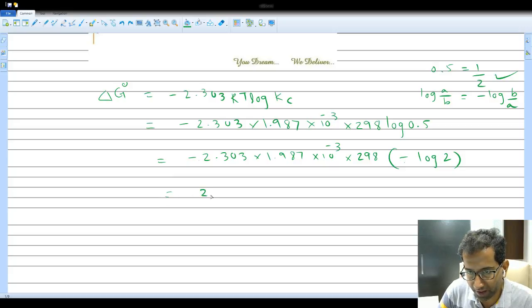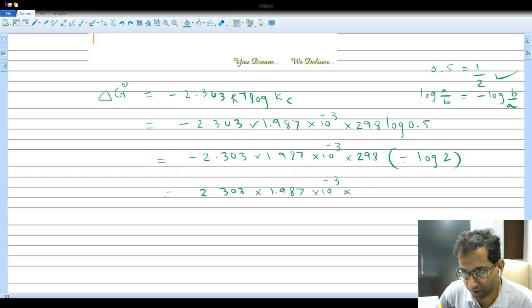And it is expected that the answer of delta G0 should be positive. Why? Because the value of the equilibrium constant is less than 1, which indicates that the reaction is non-spontaneous. Log 2 means log 2.000.